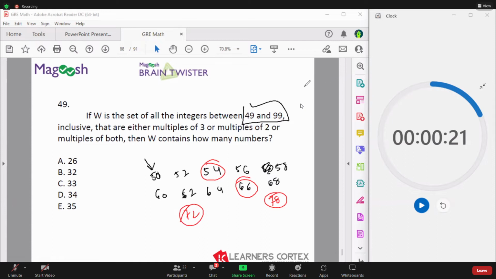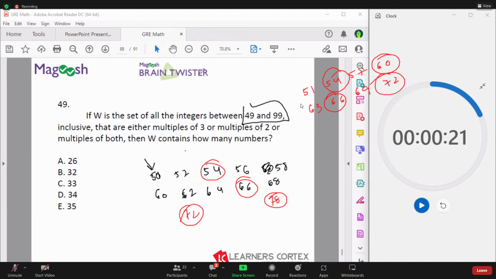Again, when we are counting the multiples of 3, so 51, 54, 57, 60, 63, 66, 69, and then 72, the multiples of 6 also get counted twice. Does that make sense? Yes, sir, got it. So to remove the discrepancy, we subtract the multiples of 6.